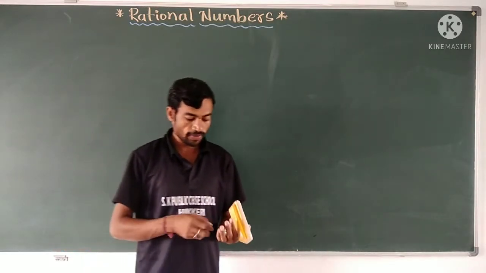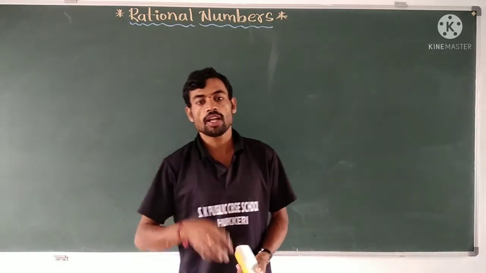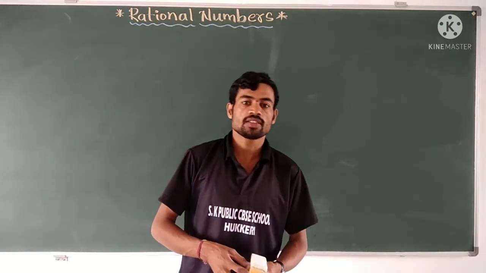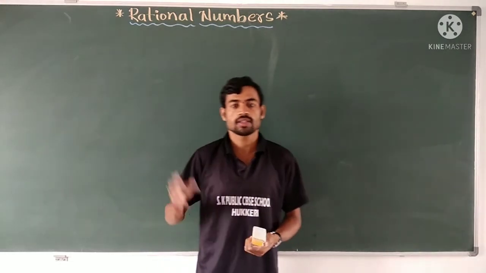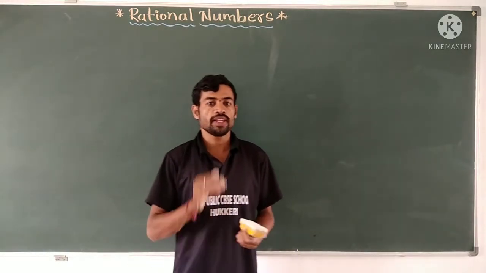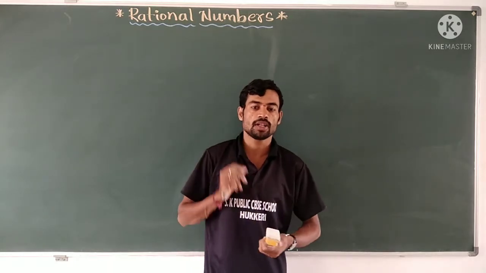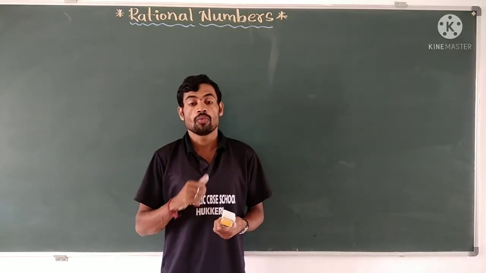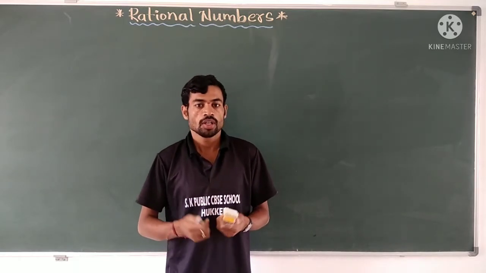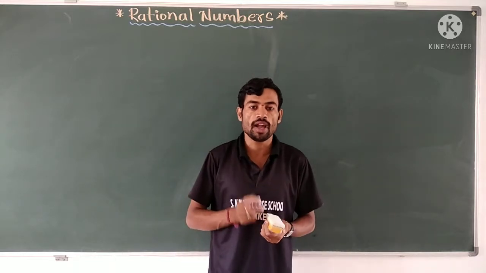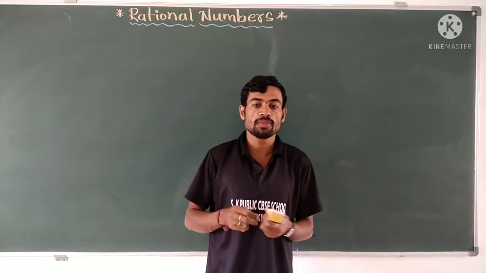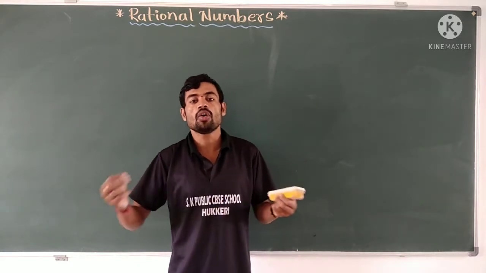Dear students, in the previous class we discussed the different types of numbers: natural numbers, whole numbers, integers, rational numbers as well as irrational numbers. Clear? So in detail, in this first chapter, Number Systems, we have to study what rational numbers are, what irrational numbers are, how many rational numbers we can find between two rational numbers, and how to represent numbers on the number line.